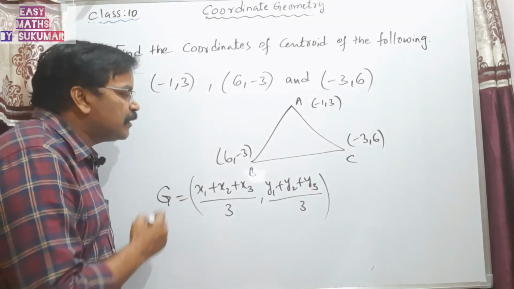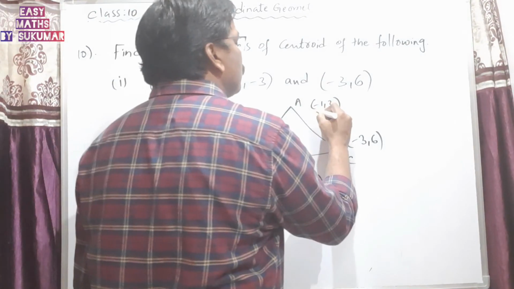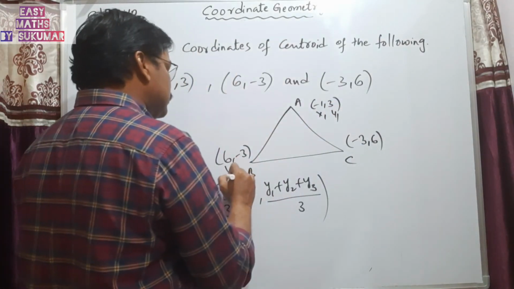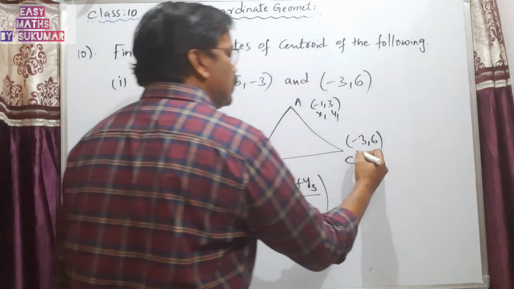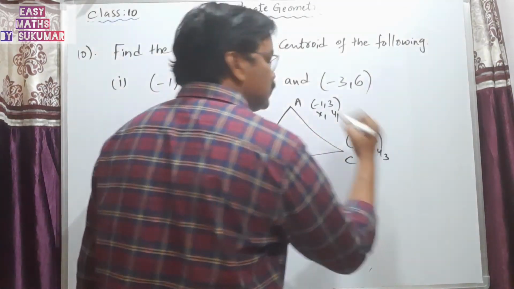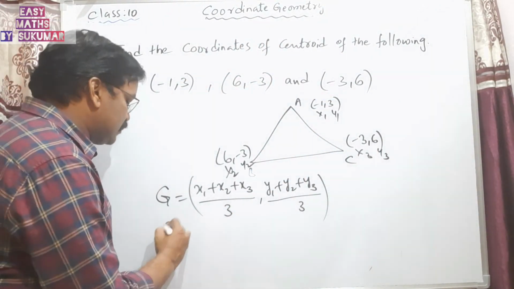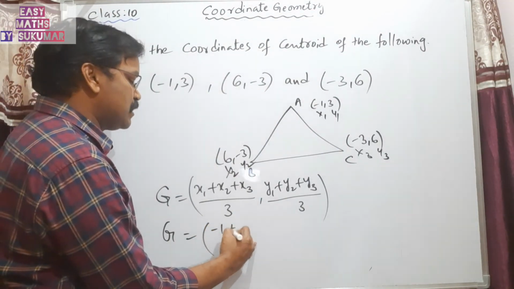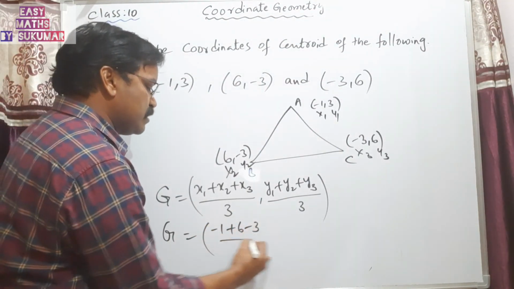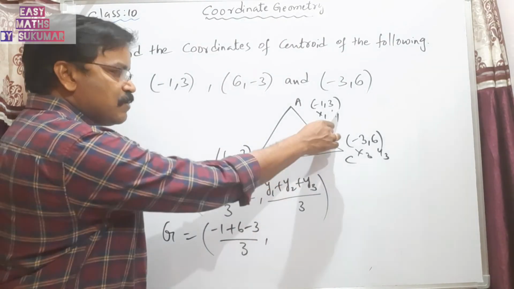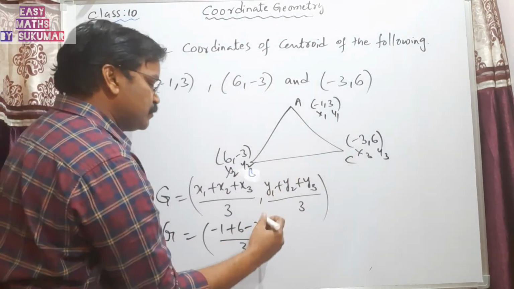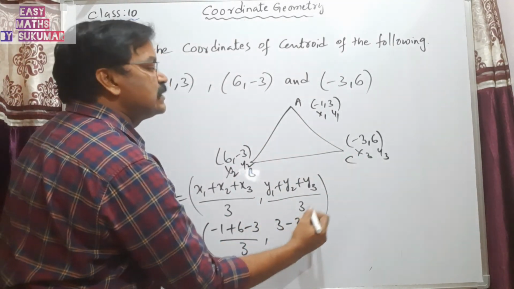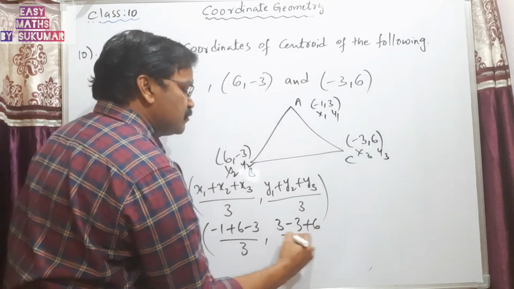Here this is x1 y1 and this is x2 y2 and the last one is x3 y3. That is G is equal to (minus 1 plus 6 minus 3) by 3 comma (3 minus 3 plus 6) by 3.